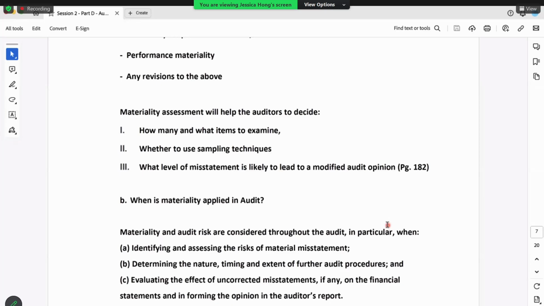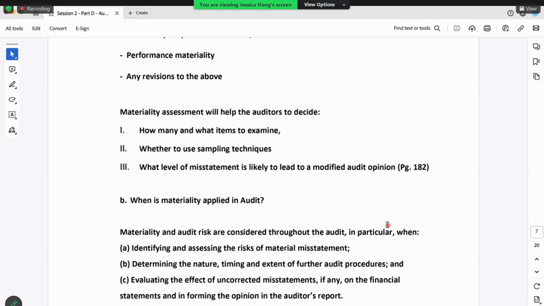It gives us the range that we need to work in during our substantive testing. It will also suggest what sampling techniques we should apply, how many samples we should take, and what the comfort level is at which we can issue an unmodified audit opinion.